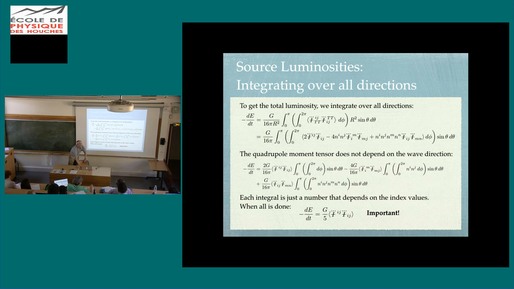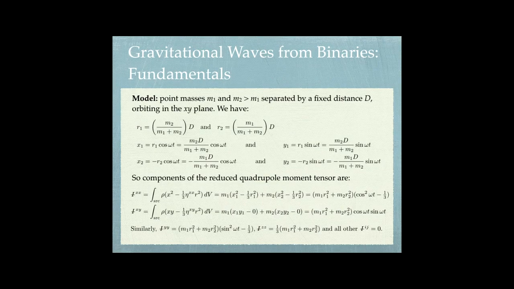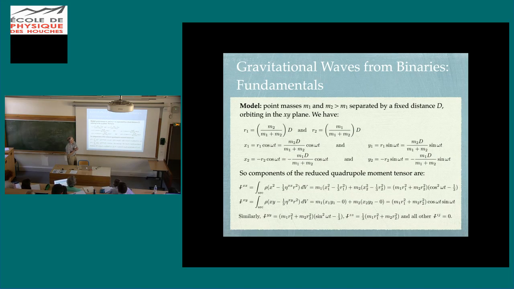Okay? So, let's try and calculate gravitational waves from binary sources. The fundamentals are that I'm going to take 2 point-like objects, one with mass m1 and one with mass m2. I'm going to go to center of mass coordinates.